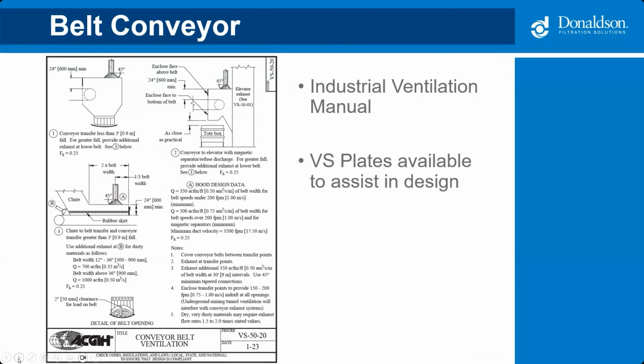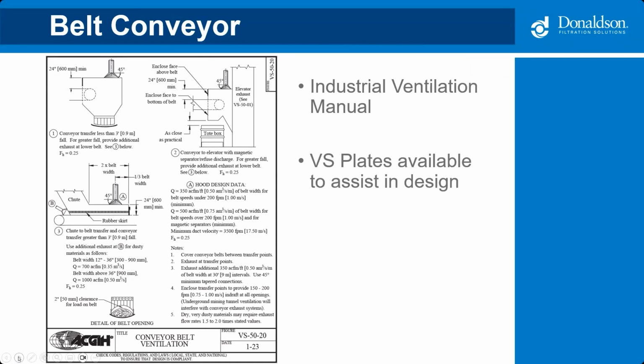The collection point is going to be 24 inches above the belt. It's going to be spaced far enough away from the chute to allow that material to settle out. And then it's sized for 500 CFM per foot of belt width for belt speeds over 200 feet per minute. The difficult part with grain facilities is there's a lot of times restrictions in the way.